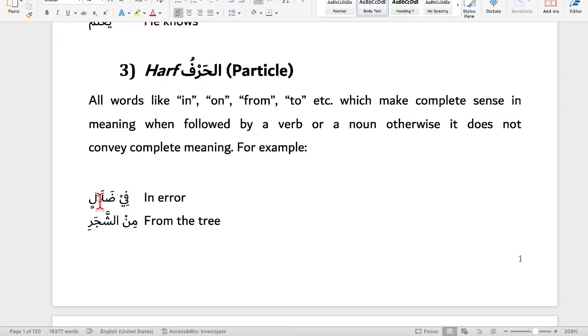Fi zalalin means in error, fi means in, zalal means error. Min ash-shajari, so min is the particle, shajar is the noun, so min shajari, from the tree. So in these two examples, the particles are attached to the nouns to give a meaning to it.